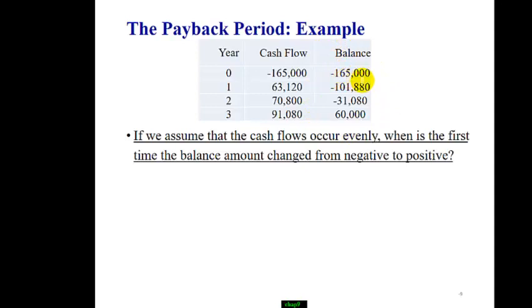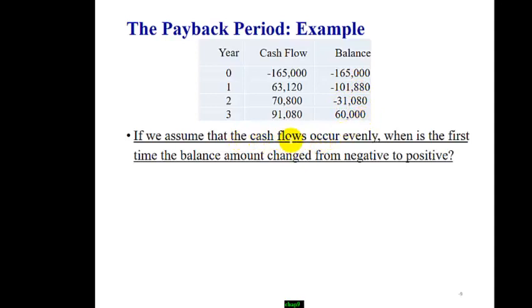The balance is simply calculated as the previous balance plus the cash flow coming in this year. Initially we start with the 165,000 spending. One year later, we have recovered 63,120, so the balance improves to negative 101,880. So on and so forth. We will see the balance change from negative finally to positive.